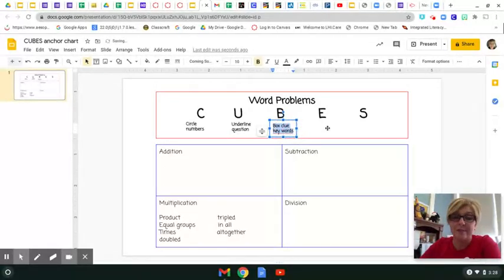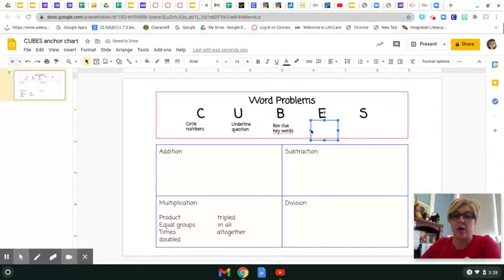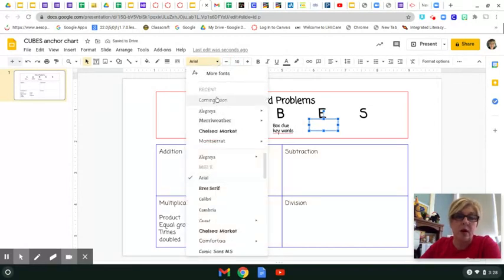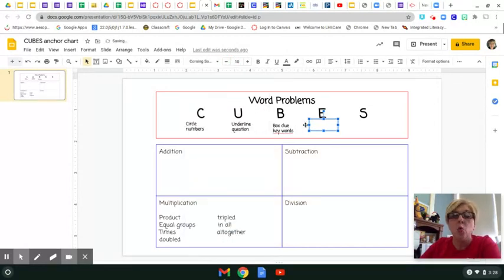Okay, E. E can be kind of a tricky one. E stands for eliminate. Now, what does it mean to eliminate? Eliminate means to get rid of something. So sometimes when we are solving a story problem, they give us information that we don't really need to solve it.